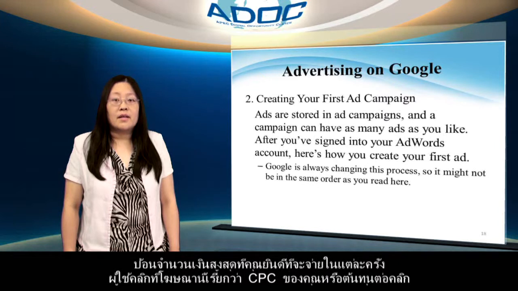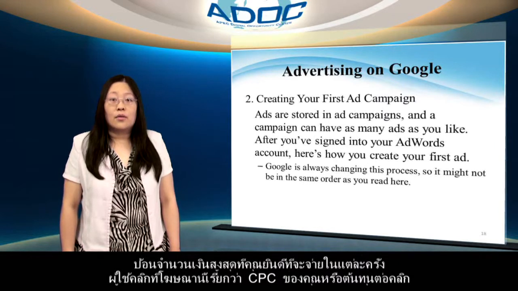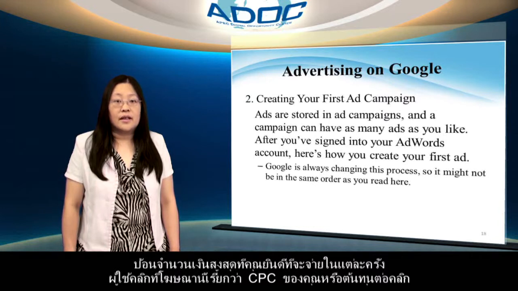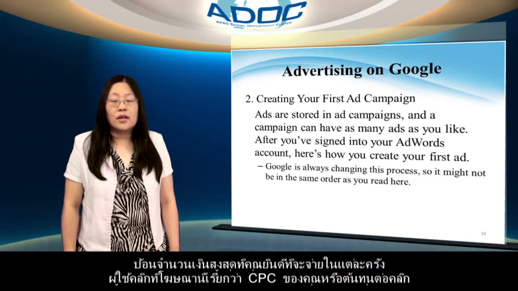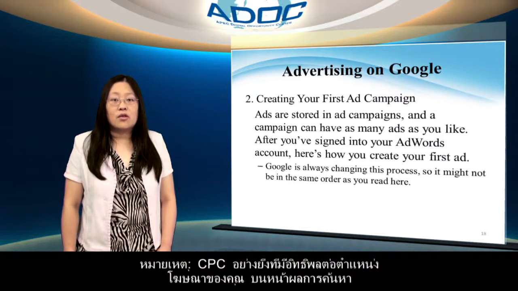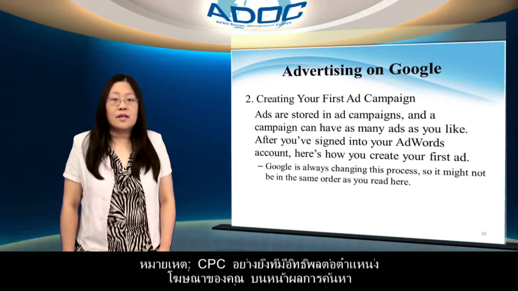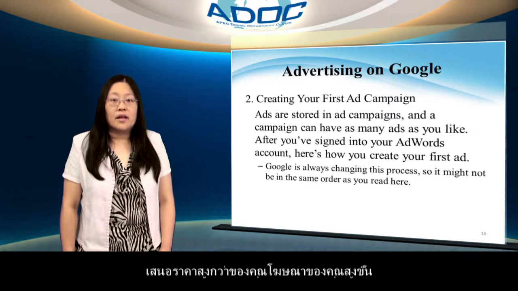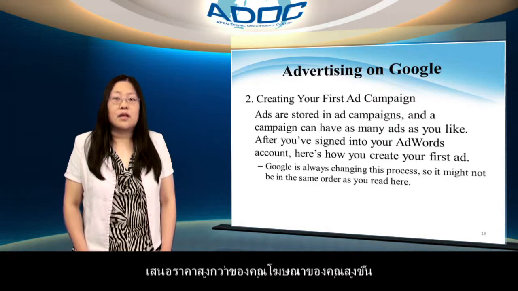Enter the maximum amount you are willing to pay each time a user clicks your ad. This is called the CPC, or cost per click. Know that the CPC strongly influences the position of your ad on the search results page. The higher your bid, the higher your ad's position.